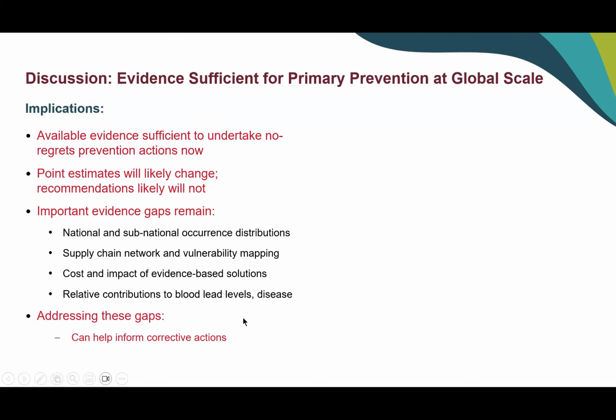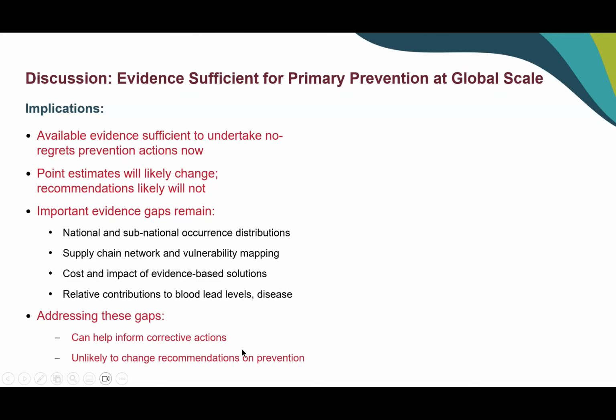Again, there's a lot we can do around primary prevention for new water systems, constructing them with lead-free parts. But when it comes to potentially more involved, costly, logistically involved remedial actions, well, more evidence can help inform fine-tuning those corrective actions.